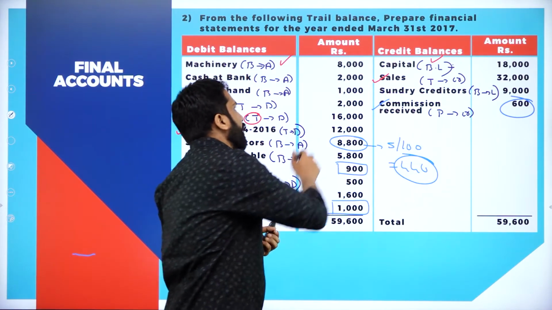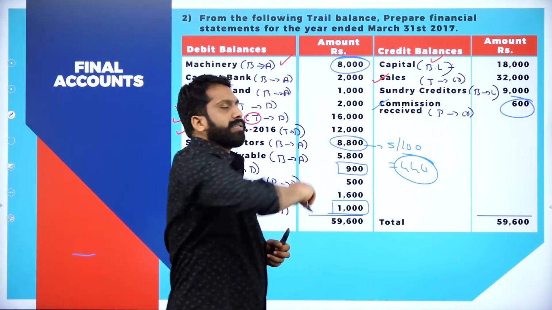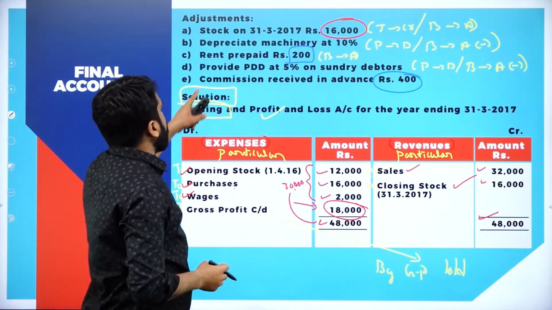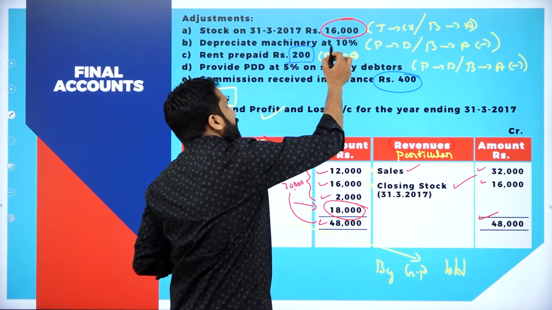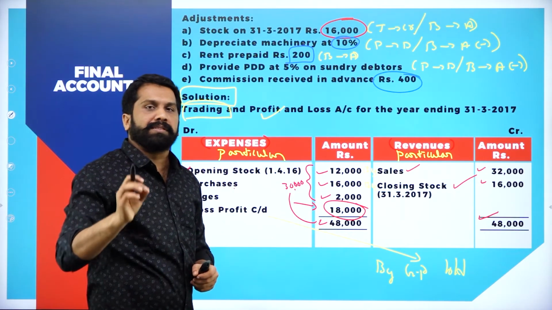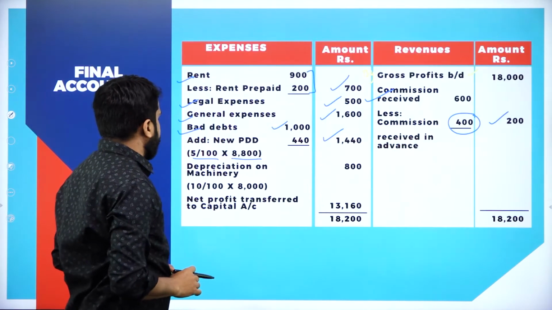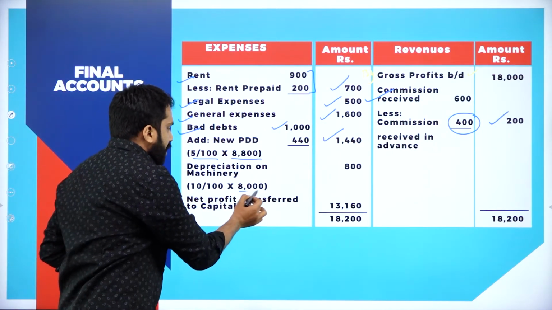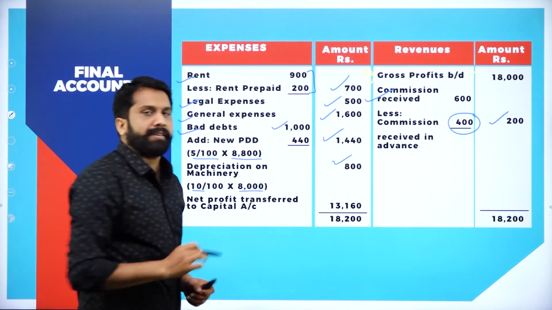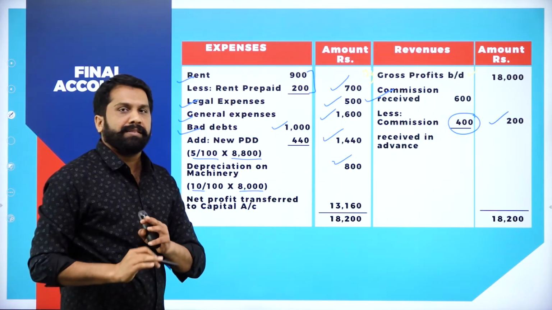The machinery value is 8,000. What is the depreciation percentage? We'll check. Depreciate machinery at 10%. On 8,000, 10%. Simple. 8,000 into 10%, you will get 800. Hope you're clear.